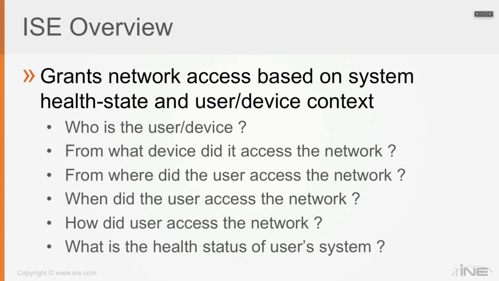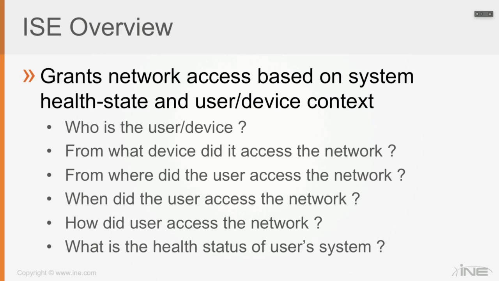So ISE is going to authorize a connected device differently, meaning what that device can do in the network, based on, first of all, who the user or device is. Is that an employee, or a third party user? Is that a company owned device, or an untrusted device, like one from a third party company we do business to business with, that also needs access to our network?